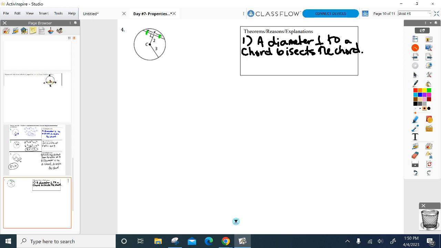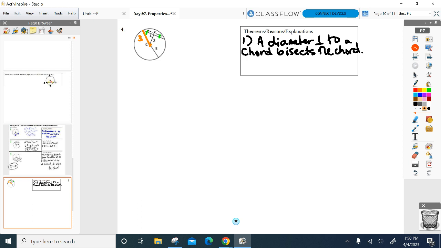Good job. Yes, here's what Will was telling us. I already know this radius is 3, meaning if you draw in any other radius, it's also going to be 3. So I could go this way and say that's 3 and do Pythag, or you can draw it the other direction and still make the same right triangle with a radius of 3. Now remember, is this going to get me to X?